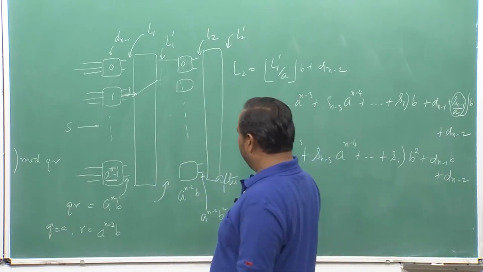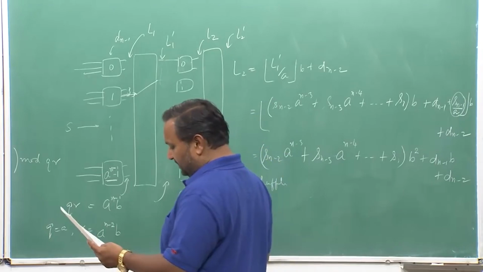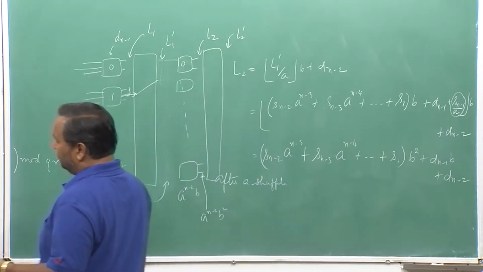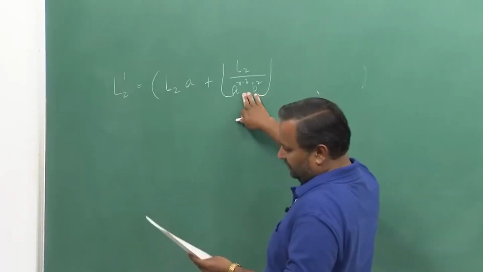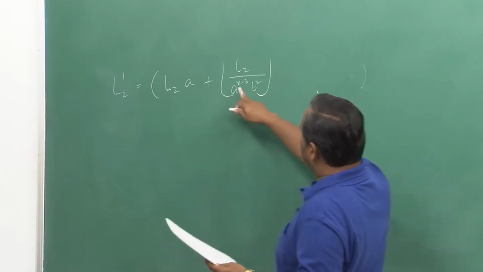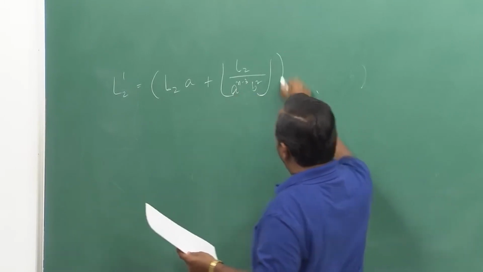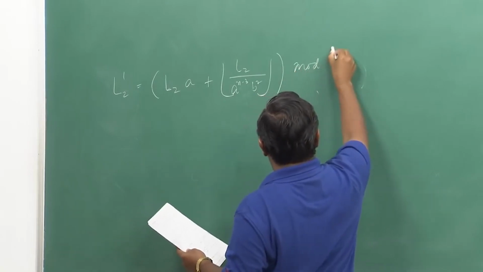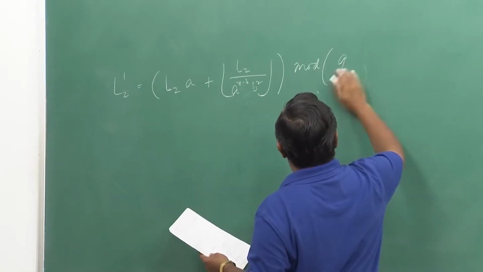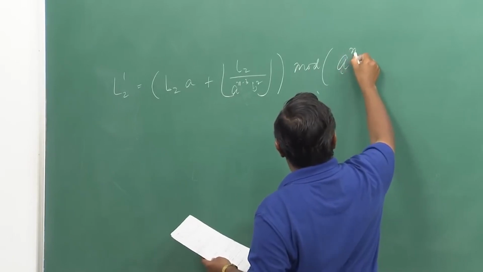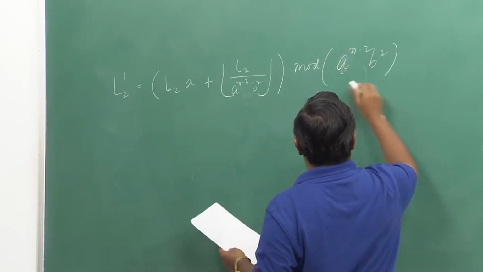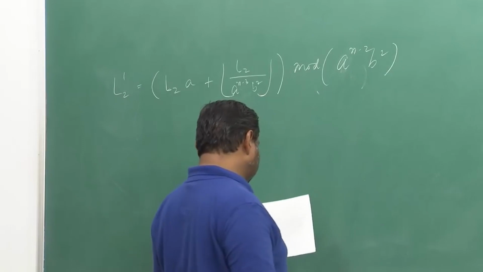So, that is the number of QR objects which are present. So, we actually have used that QR divided by A, so n minus 3, and this has to be then modulo operated over A raised power n minus 2 B square, that is a QR.